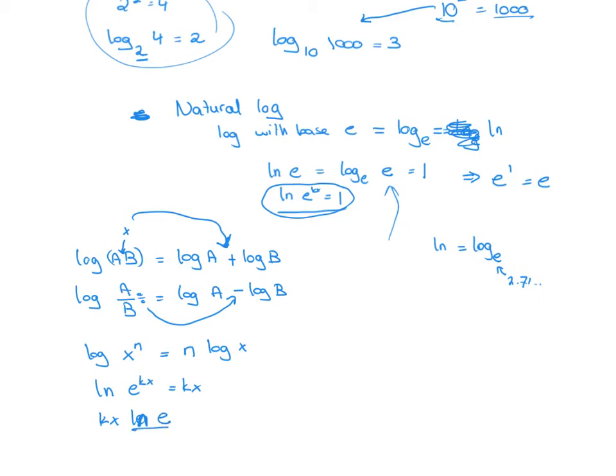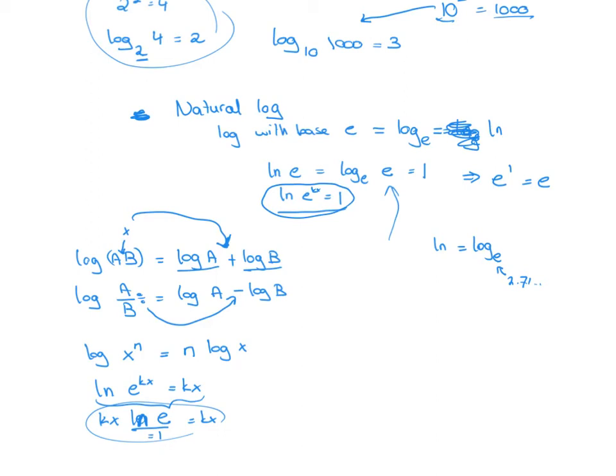We know this is equal to 1, so kx ln of e is equal to just simply kx. So this is basically what this is saying here. These are the relationships that you do need to know. Remember, these are not very complicated expressions. It's just simply a power expression rearranged in a different format so we can solve for it.